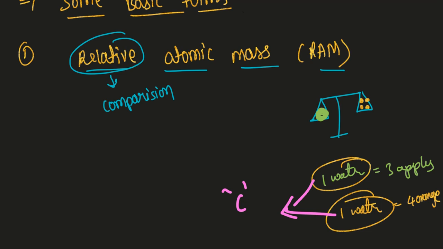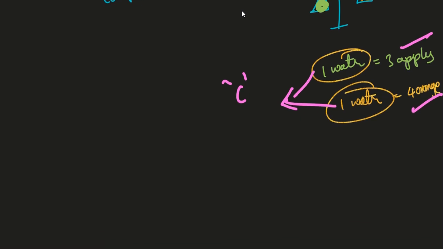In this simple example, we took what? Watermelon. But in chemistry, instead of watermelon, we are going to take carbon, and instead of apples and oranges, we are going to take the other elements. So let us try to understand the formula of this.